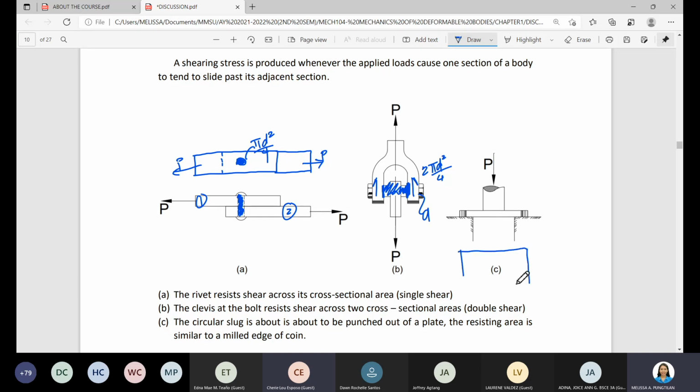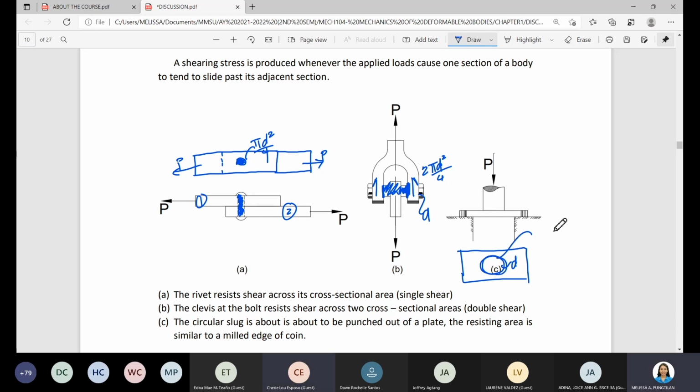So, top view, example top view yan. Kung gusto kong mag-punch out dito ng a certain D diameter, anong magiging resisting area? Resisting area ng ating P. So, magiging resisting area is the circumference multiplied by the thickness.